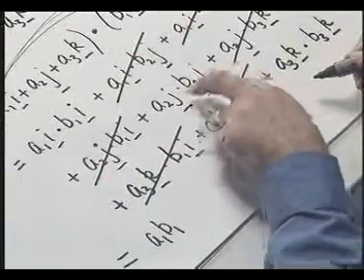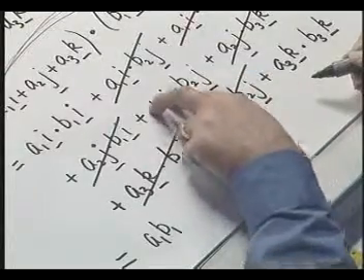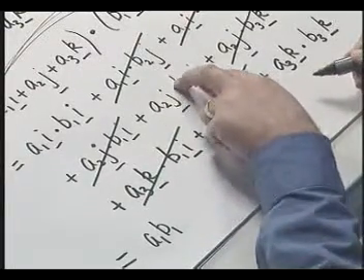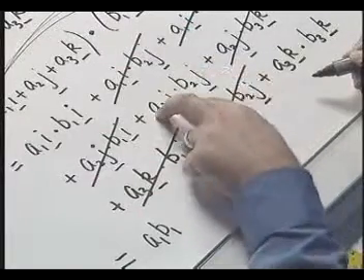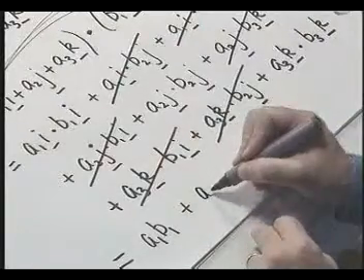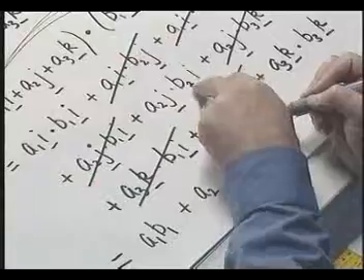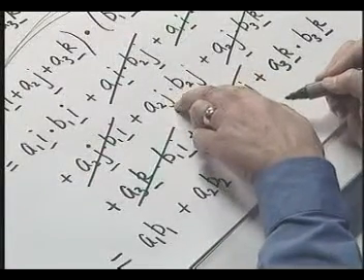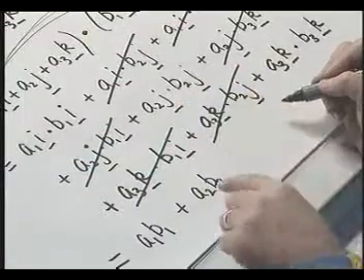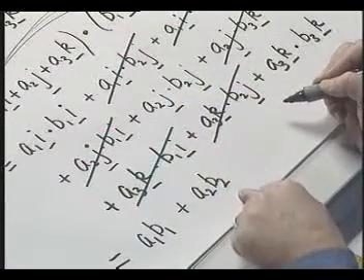Similarly, these two vectors here, this is a vector in the direction of j, and this is a vector in the direction of j. So the angle between the two of them is 0, the cosine of 0 is 1. So when we work out this dot product, we want the length of the first one, which is A2, the length of the second one, which is B2, multiplied by the cosine of 0. Cosine of 0 is 1, so we just get A2 B2.